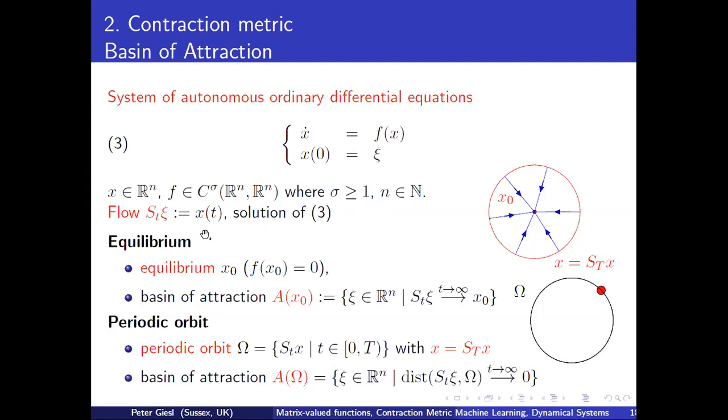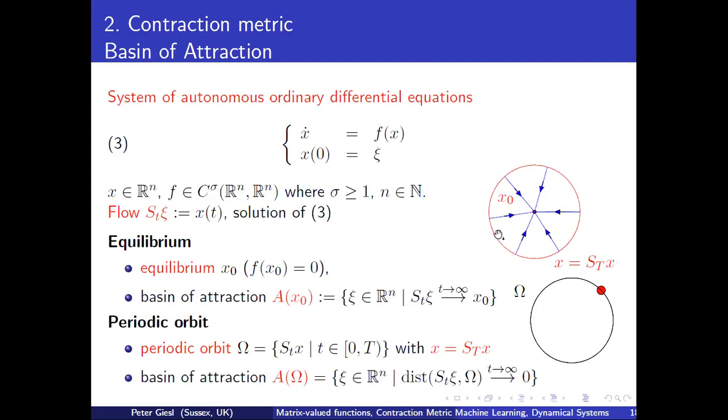But if it's at least C1 and it's actually defined for all positive times, then we can define a dynamical system, and we call the flow operator S_t psi, which is the solution of this system at time t and starting point psi. And then obviously in dynamic systems, there are certain solutions that are special.